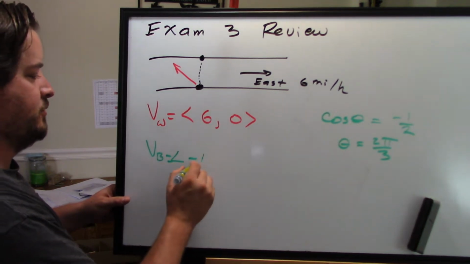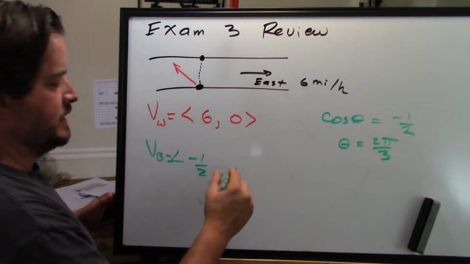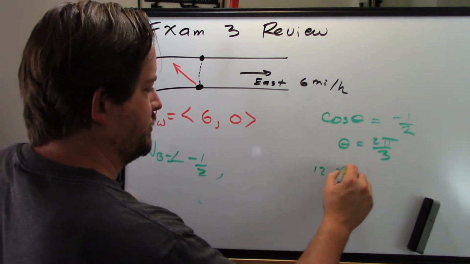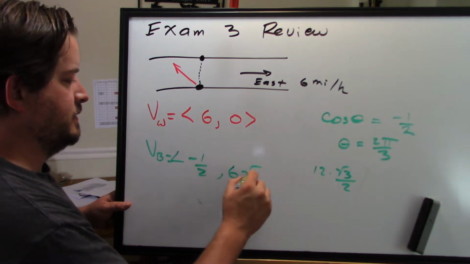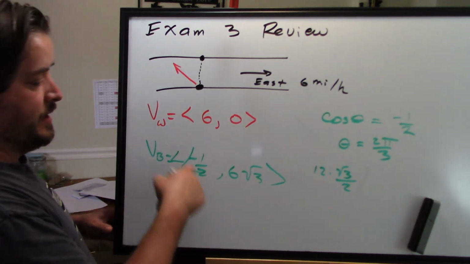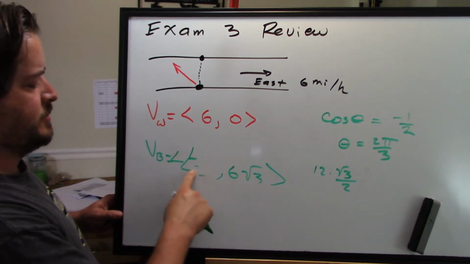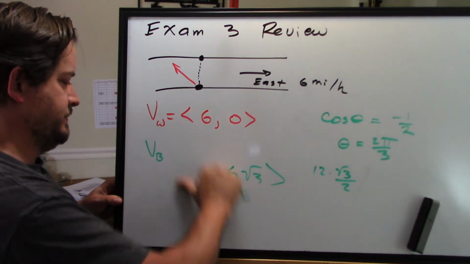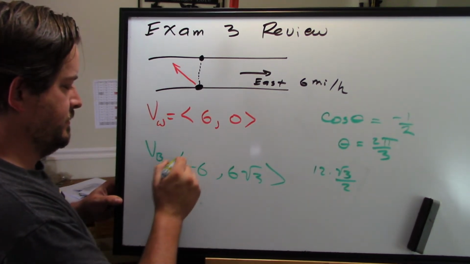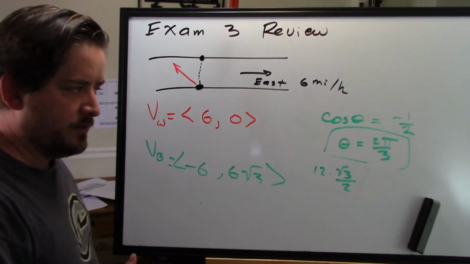And then 12 sine of 2 pi thirds is just 12 multiplied by root 3 over 2, and so that is 6 root 3. Right? And that makes it work. I'm sorry, this is not minus 1/2, it's minus 1/2 of 12, which is negative 6. Right? And therefore, my angle is 2 pi thirds, right?